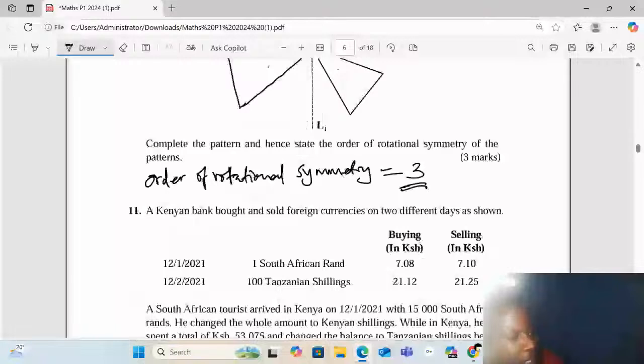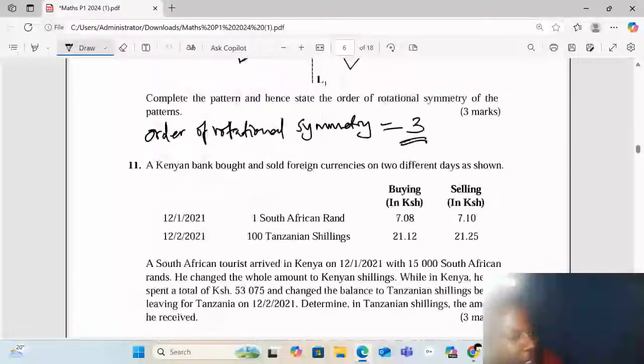Question number 11 is on exchange rates. A Kenyan bank bought and sold foreign currencies on 2 different days as shown.